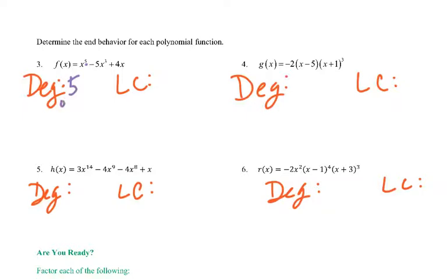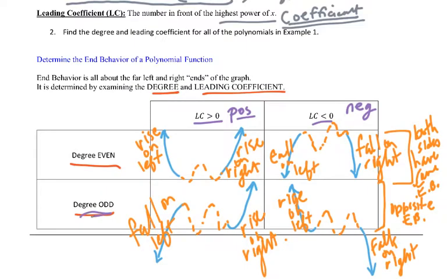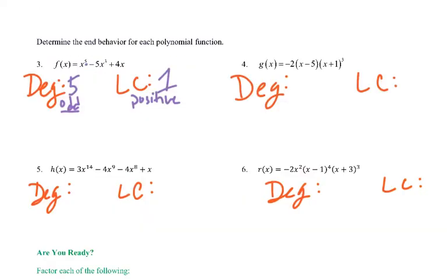So that means that it is odd. Our leading coefficient is a 1, which is positive. So that is odd and positive, so it's going to be this example. It's going to fall on the left and rise on the right.